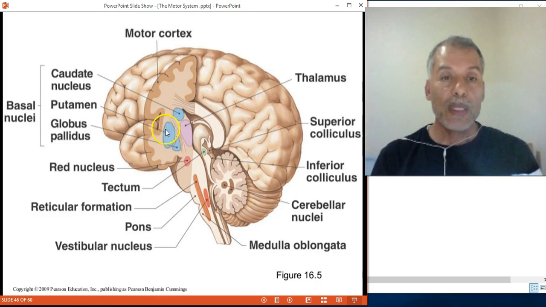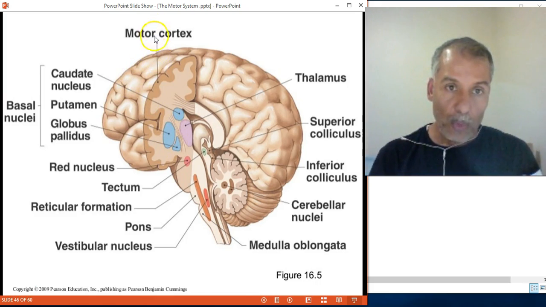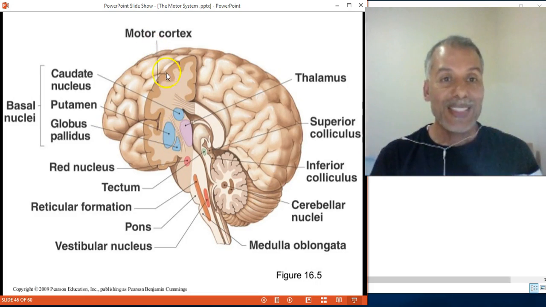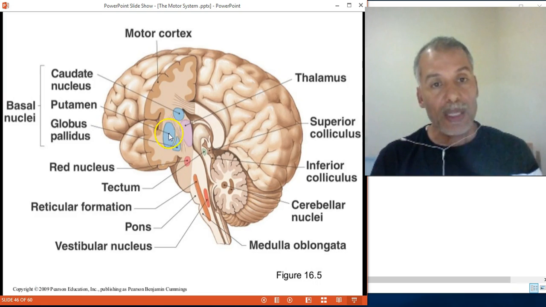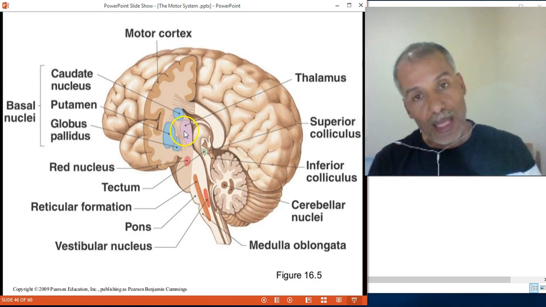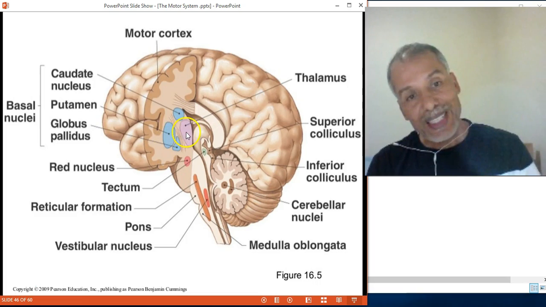And the basal ganglia again have connections with, we said, the motor cortex, the premotor area, the supplementary motor area, and the somatosensory cortex. All of them connect here with the basal ganglia and send signals to it. Now the basal ganglia connects with the thalamus and sends signals to it.